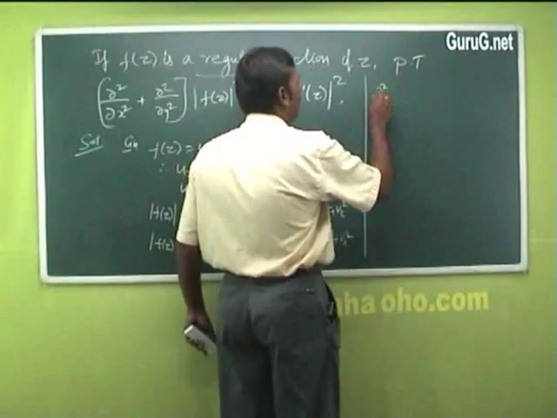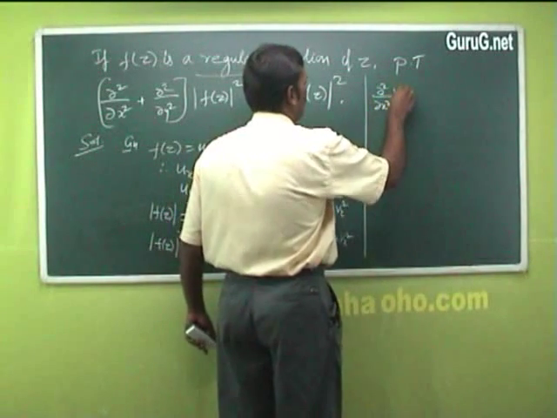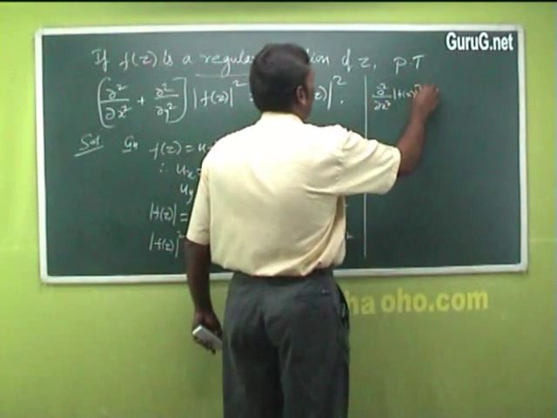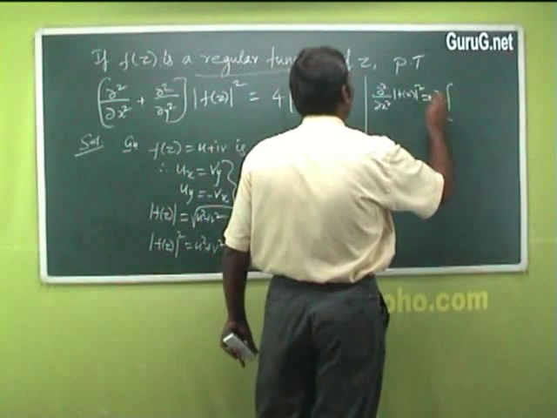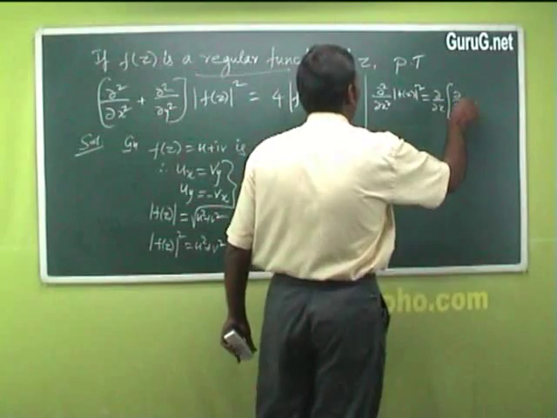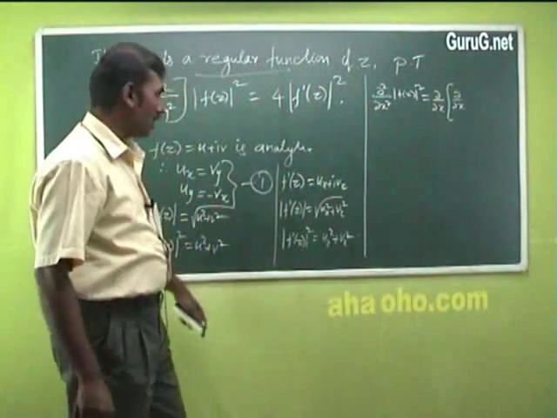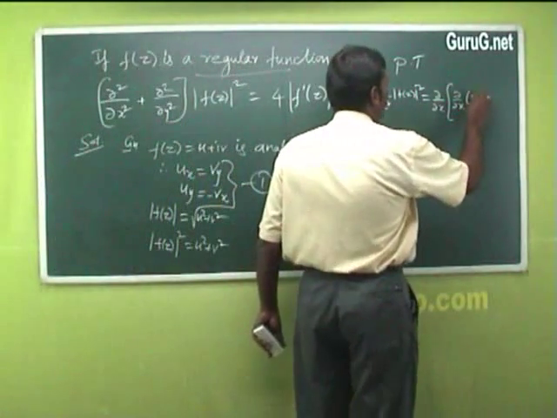So dou squared by dou x squared of modulus of f of z the whole square. This is nothing but dou by dou x of modulus of f of z the whole square, that is u squared plus v squared.